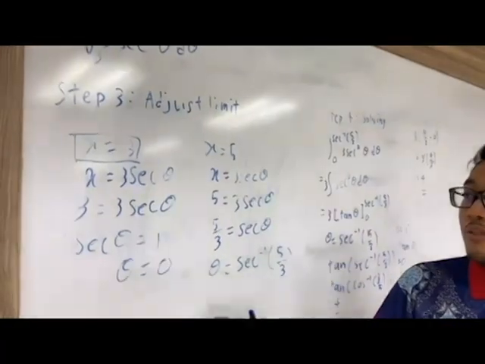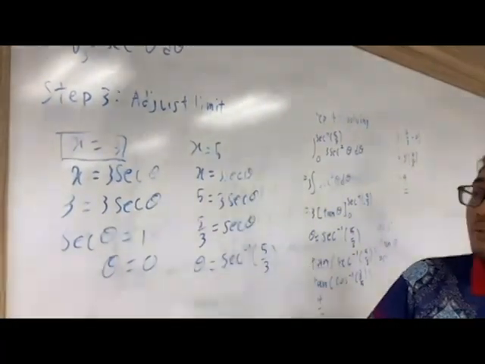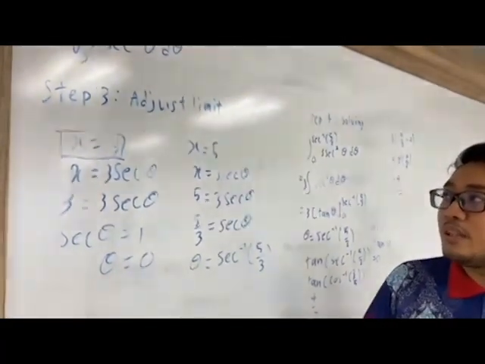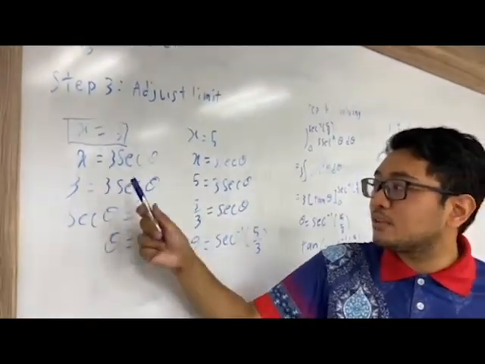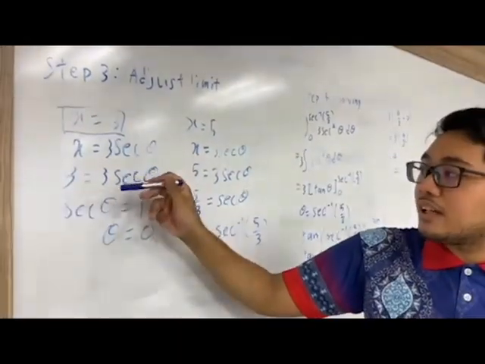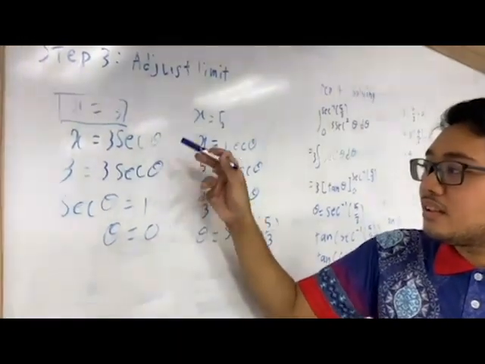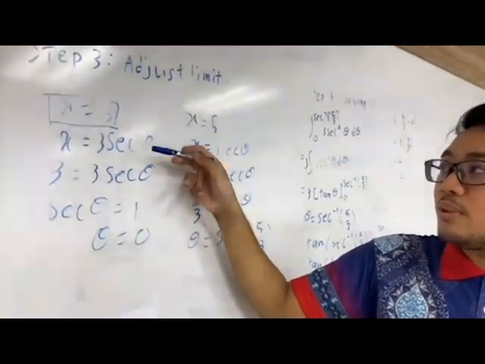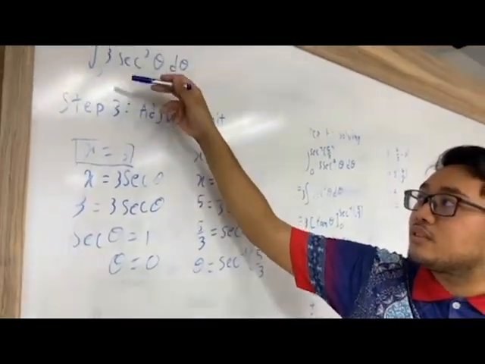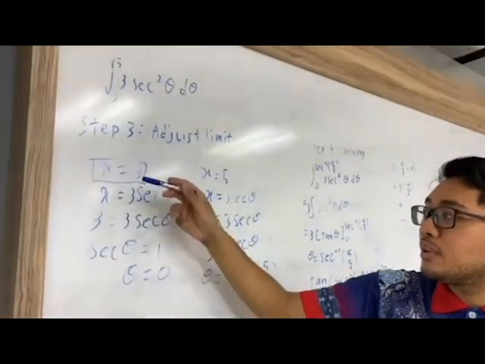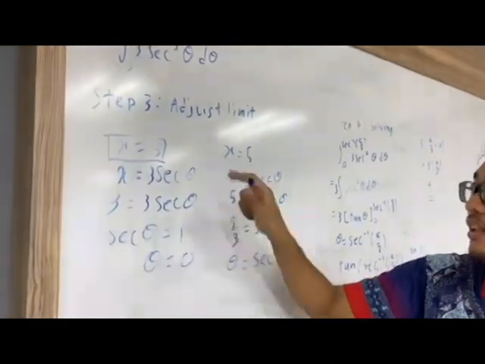In order to do that, we need to find the new value for the limit by doing these steps. First things first, we take the equation x equals 3 secant theta, and from the information that was given, the limits are 5 and 3. So as you can see here, there is x equals 3 and x equals 5.